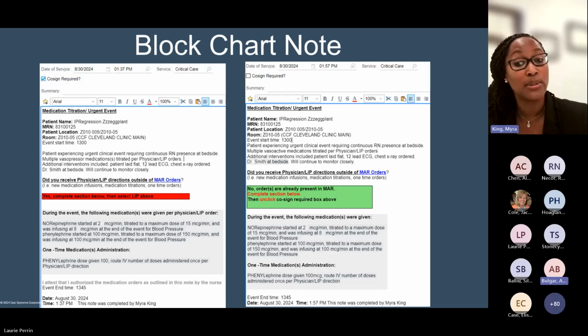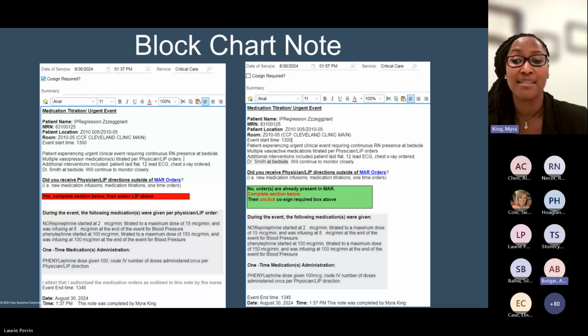And so they would then complete their documentation and then select the provider that was present during the event. That note is then routed to the provider for co-signature, and that provider then co-signs it, and that is the authenticated order. Much like in a code situation, when the provider signs the code sheet, and that becomes the authenticated order.